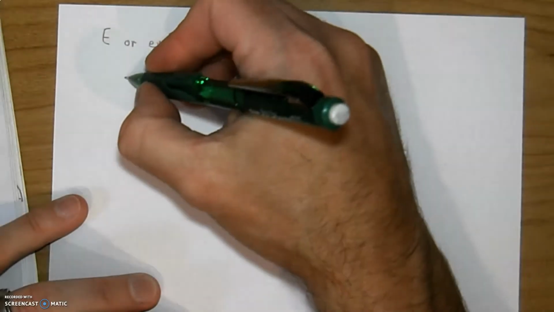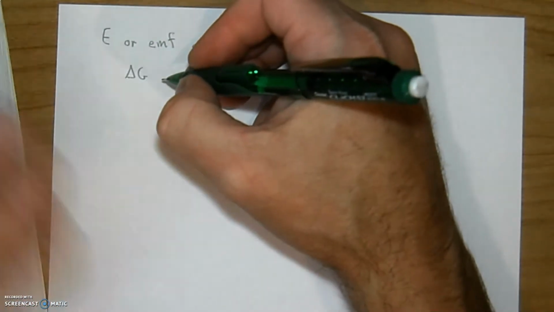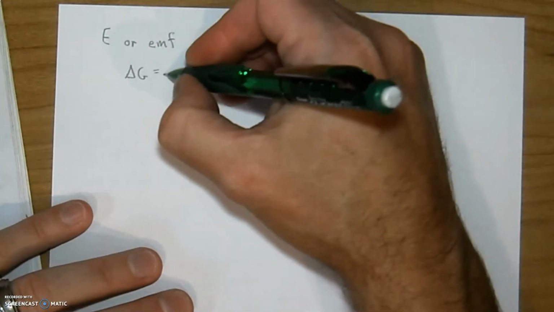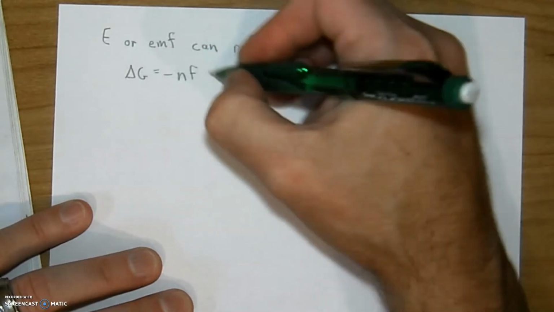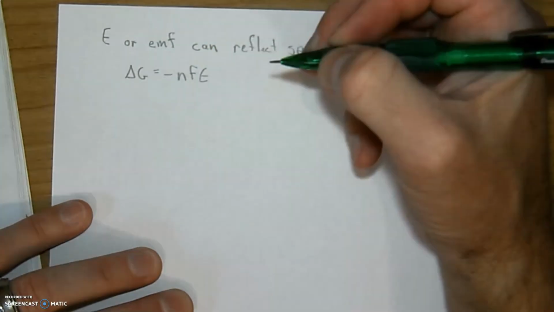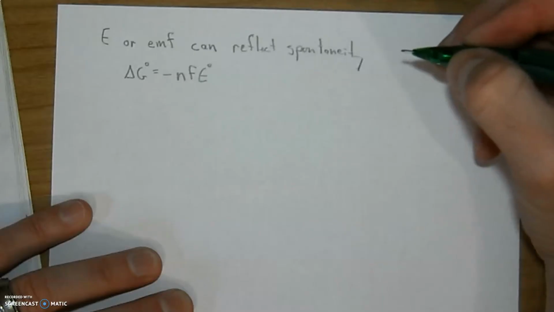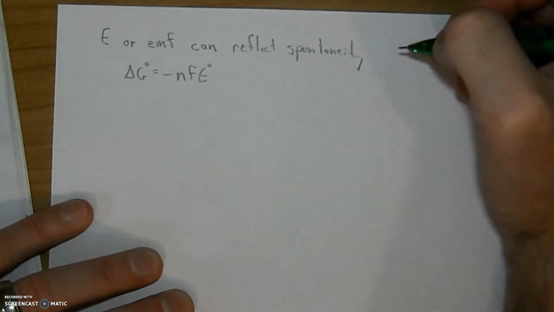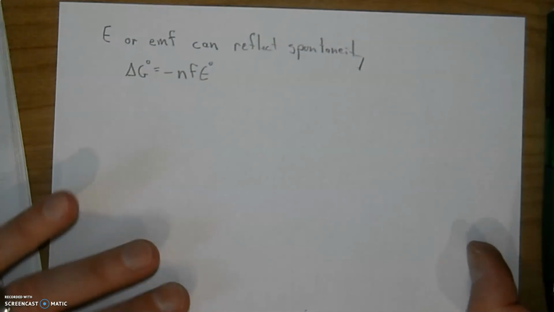The equation we're going to kind of focus in on here is delta G = -nFE, that F is kind of like a cursive F. And under standard conditions, we put these little naughts here just to signify that, yep, that's what we're talking about. All right, I'm going to take a pause here and we'll start our new lecture in a moment.